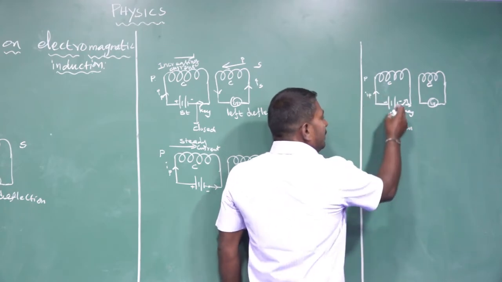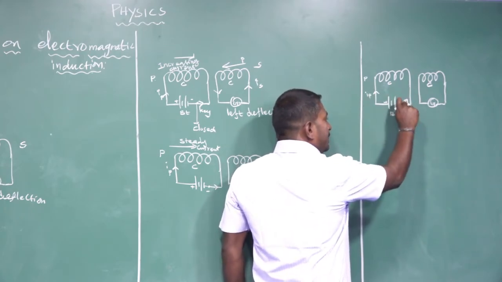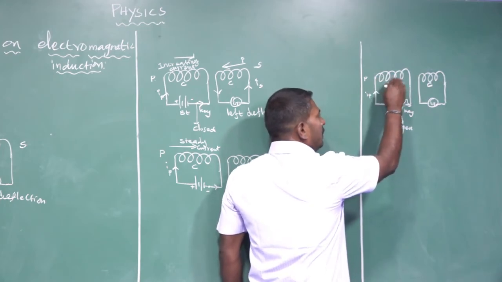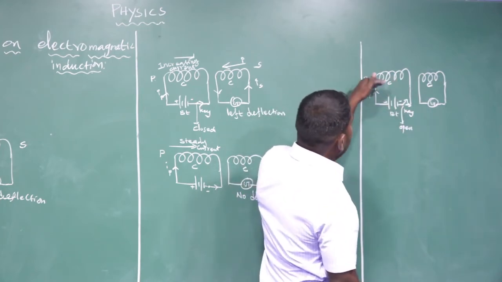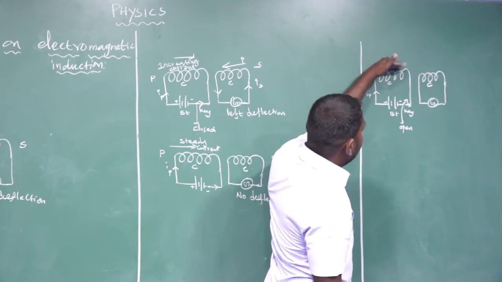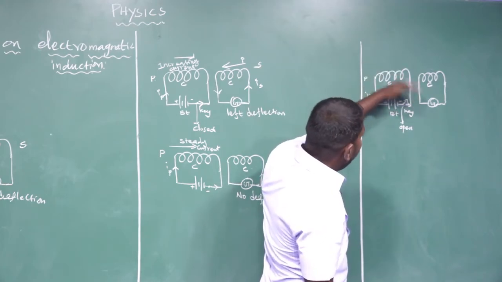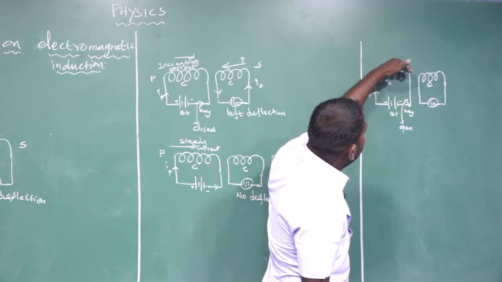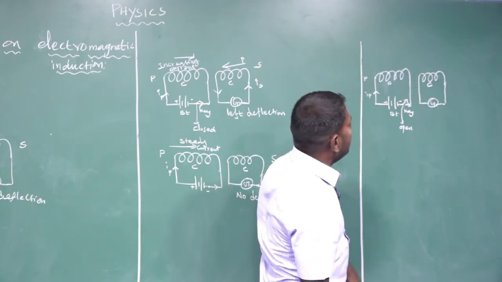Already, when the key is pressed, the electric current through the primary closed circuit increases to reach a steady value. Then when the key is open, the electric current through the primary closed circuit decreases from the maximum value.